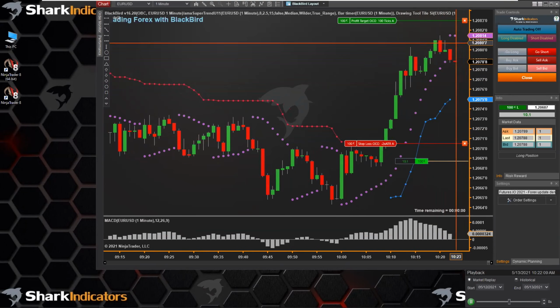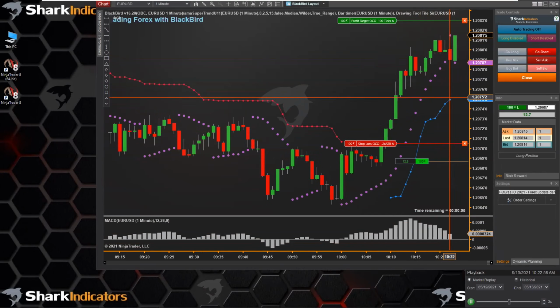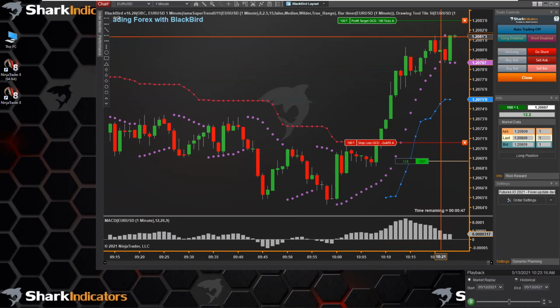Here's another rule that I implemented. If the MACD crosses that 0 line, our stop loss is going to go from the super trend up to the parabolic SAR. But what if the parabolic SAR is on the wrong side of the market?